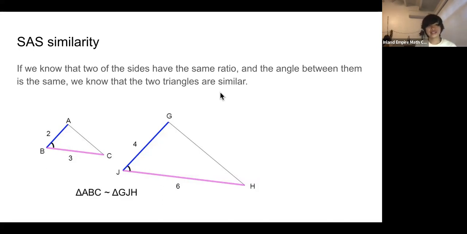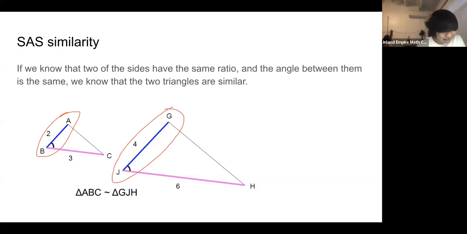But SAS similarity basically means that if we know that the ratio of AB and GJ, it's a weird triangle name, but it's GJ, if these two have the same side length ratio, so 4/2, which is GJ to AB, ratios basically.